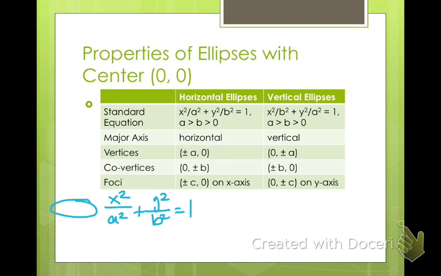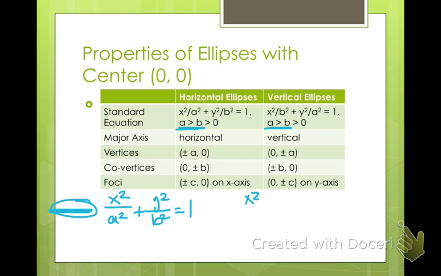The reason you can know it is horizontal or vertical is that a is always greater than b. So your a and your b values are going to determine whether this is vertical or horizontal. If a is underneath x, that means there are more x values, so it's horizontal.